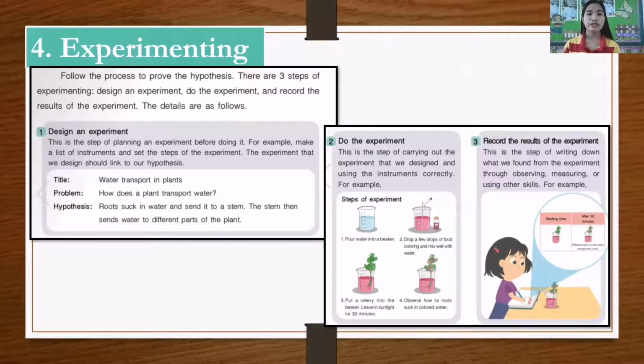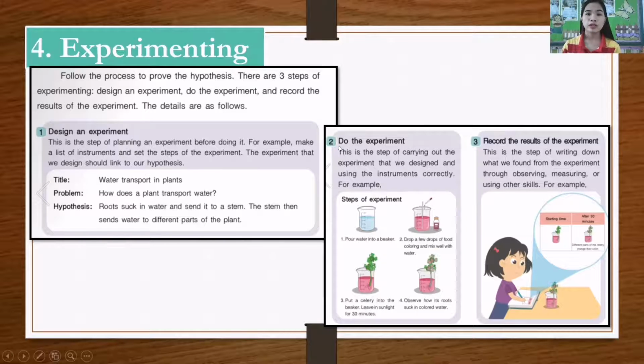Number 4 is experimenting. In this process skill, you are going to follow some procedures. There are 3 steps of experimenting. Number 1, design an experiment. You need to plan your experiment.